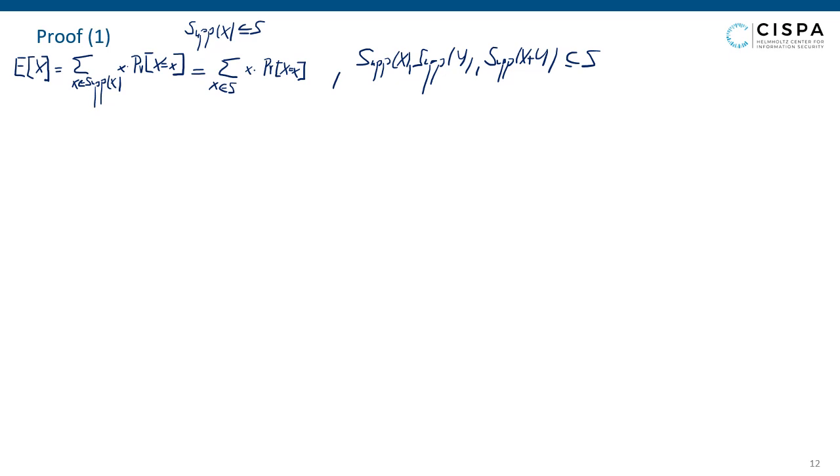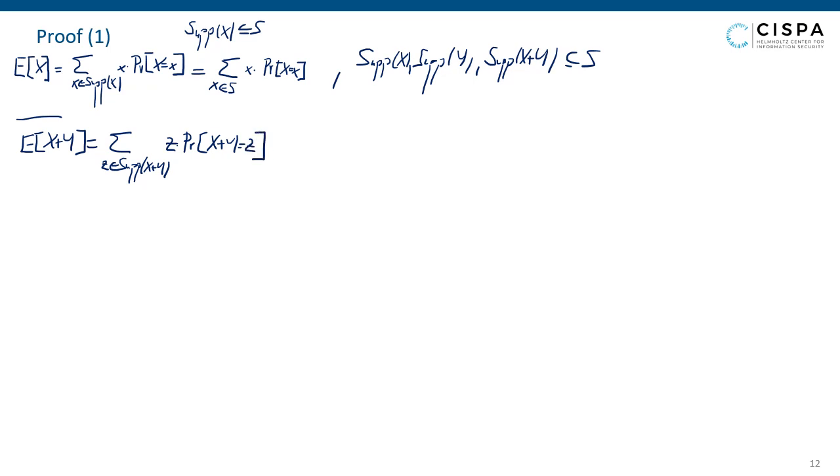So let's now look at the expectation of x plus y, and this is just plugging in the definition, going over all, let's say, z in the support of x plus y, z times the probability that x plus y equals z.